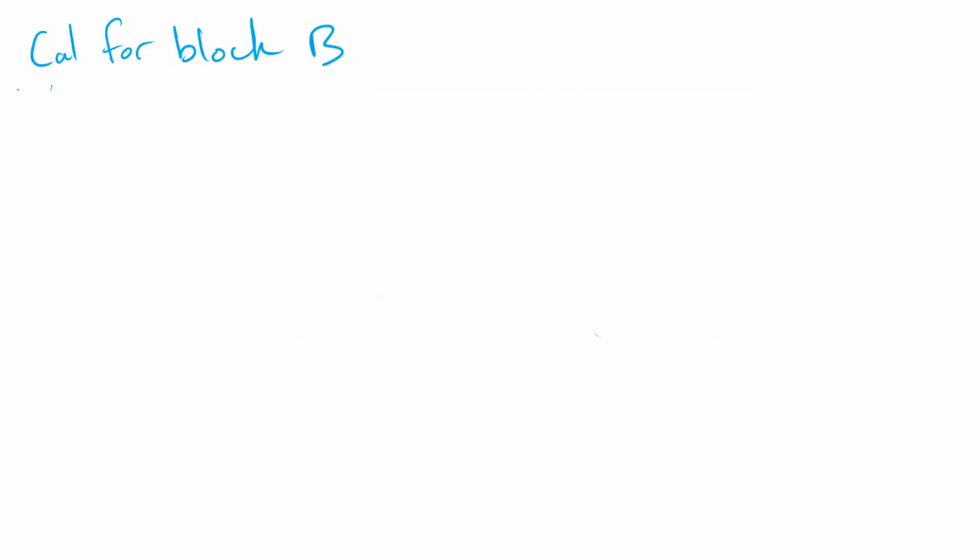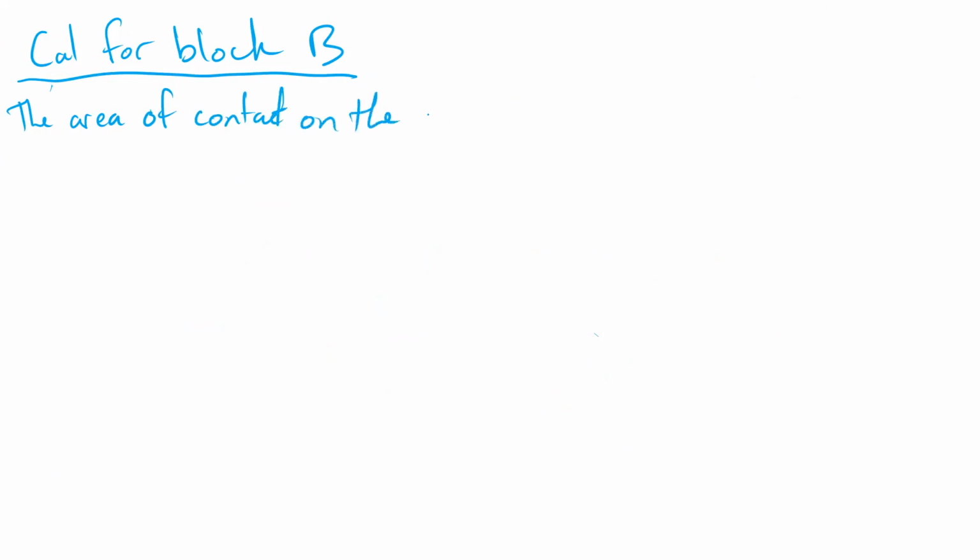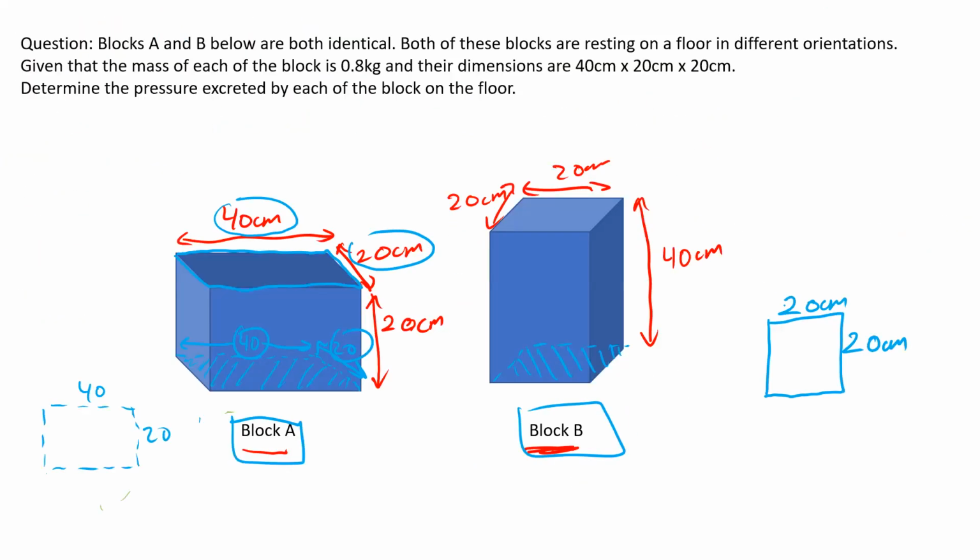So it's the same procedure, similar to block A. So the area of contact on the floor at block B is equal to, as we said, 20 cm by 20 cm.